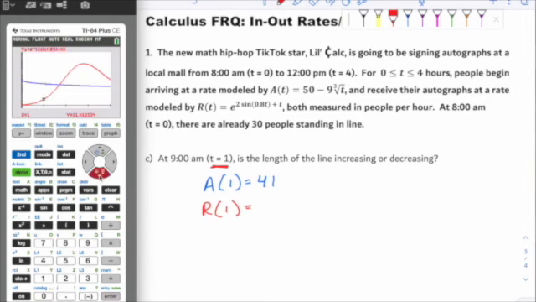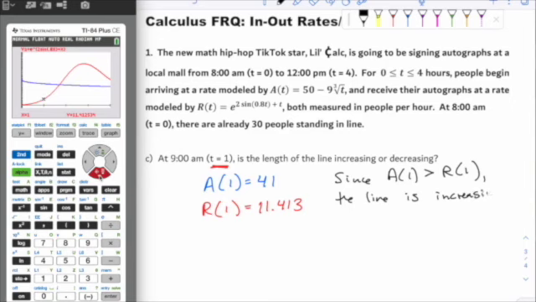And r of 1 is 11.413. And then you don't want to leave it to the grader to guess. You want to make it clear that you really know what you're talking about. So since a of 1 is greater than r of 1, the line is increasing.